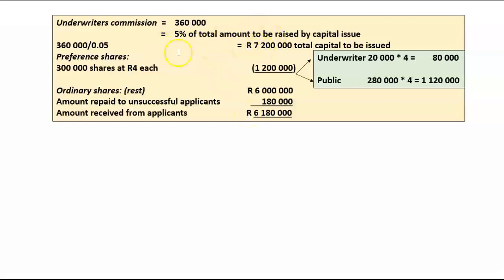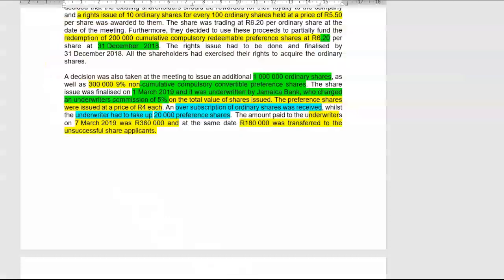They wanted to raise 1.2 million rand for pref shares. They've told us it is going to be 300,000 pref shares that they want to issue. Furthermore, they tell us that the underwriter had to take up 20,000 preference shares.